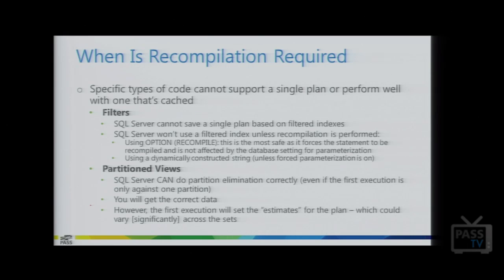I should actually read my slide. What will end up happening if you don't recompile is, first of all, with filtered objects, you won't even be able to use the filtered object. With partition views, you will get what's called partition elimination, but you won't get correct estimates, which could significantly skew your plans and your execution.